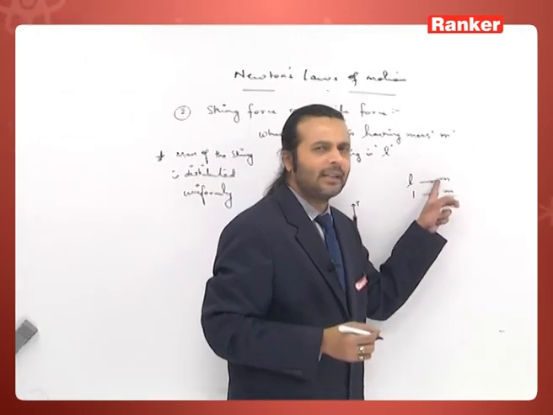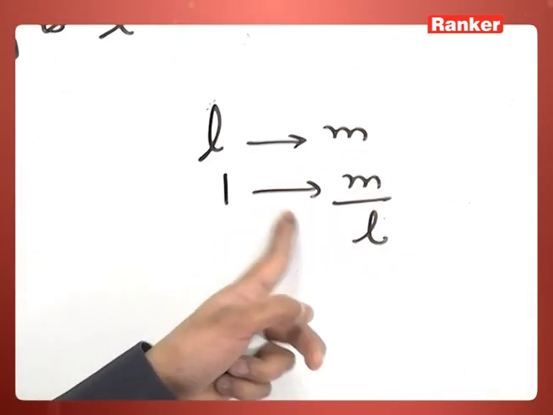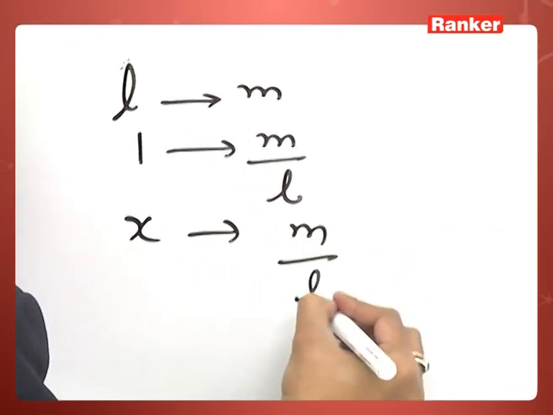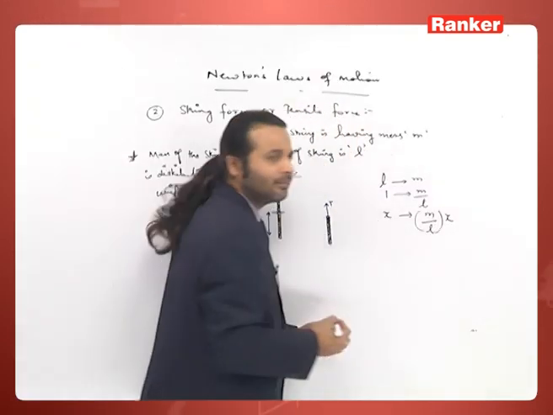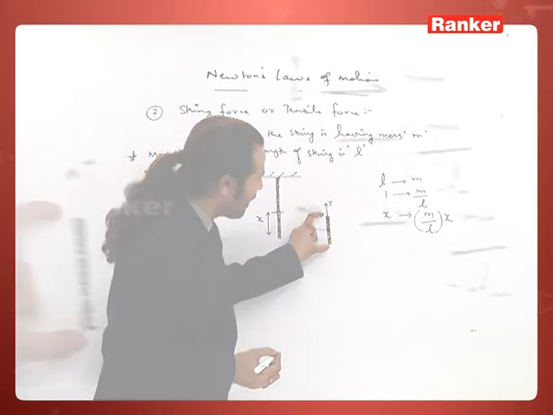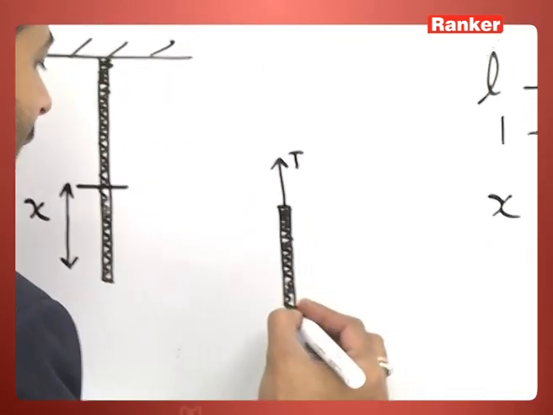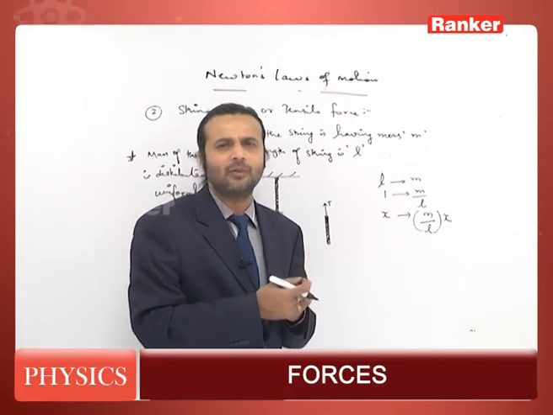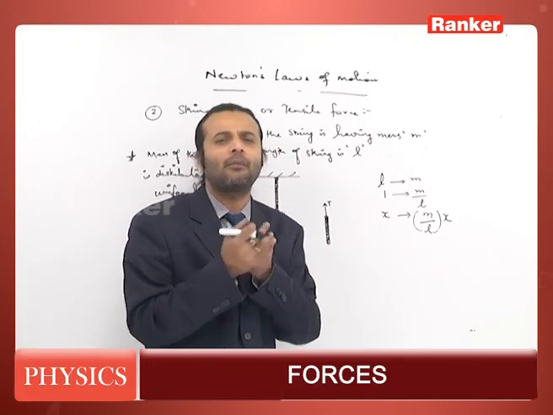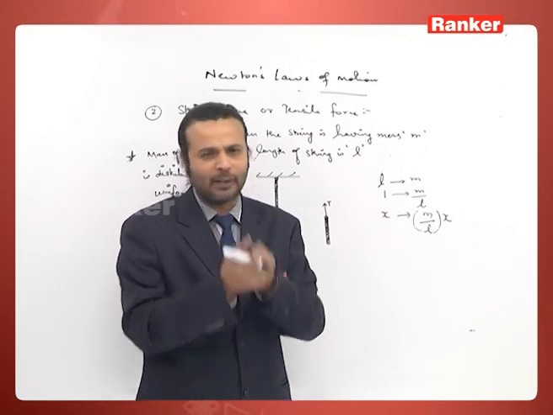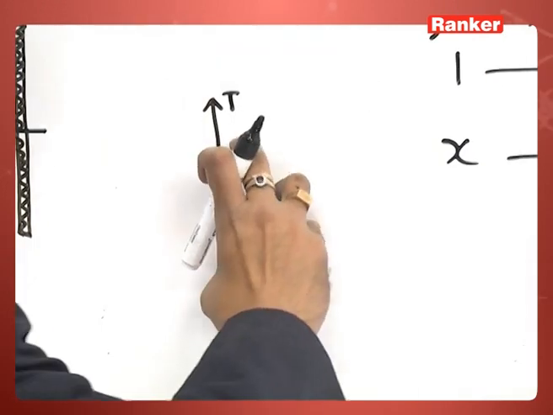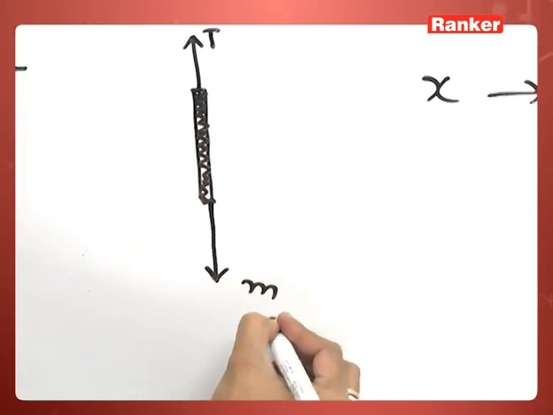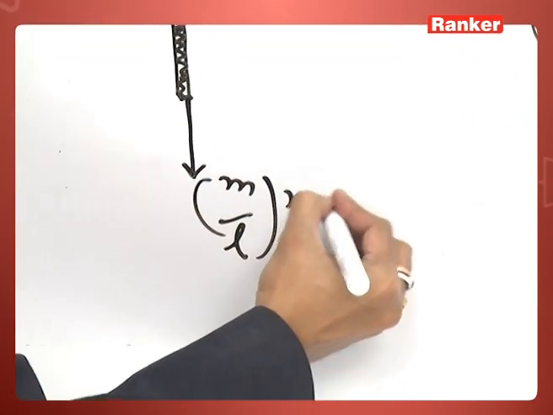Now for L length the mass is m, for 1 it will be m by L, for x part it will be m by L into x. Now for this part of the string, the weight is acting. Weight of any object always acts vertically downwards. So for this part of the string, the weight will act downward, that will be m by L into x into g.